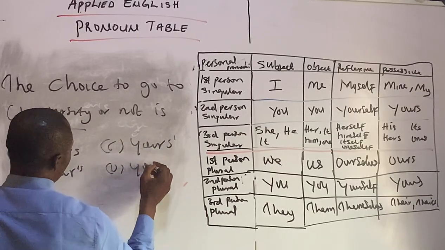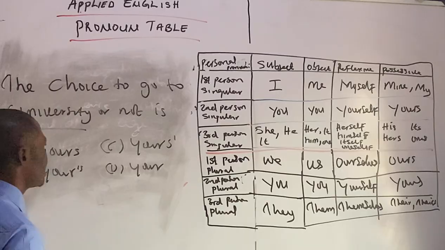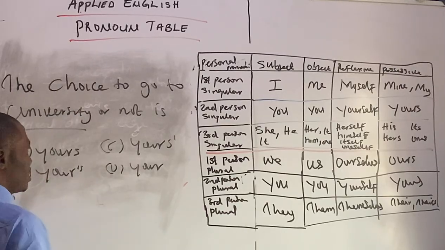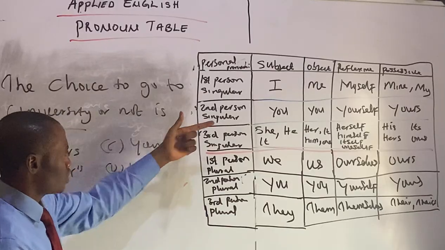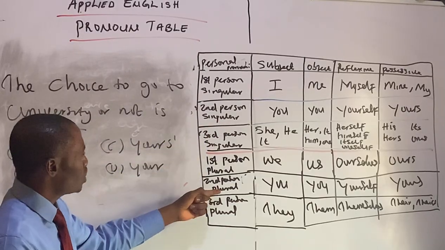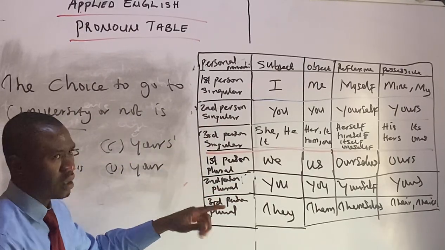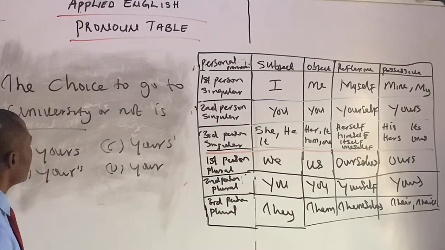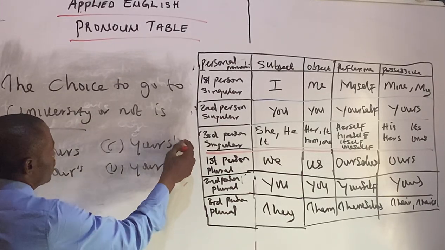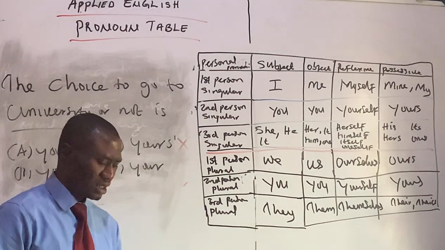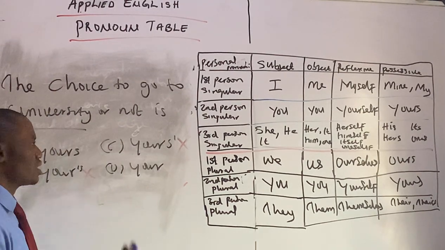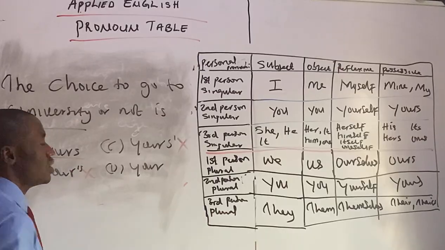D, your. Now, what's the answer? We're talking about the first person singular, the second person singular, and also referring to the second person plural. Anyway, the answer should be, remove the ones that have apostrophe. All those ones with apostrophe are not the answer. So the right answer, of course, is not your. The right answer is yours.